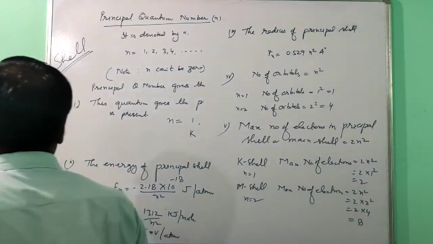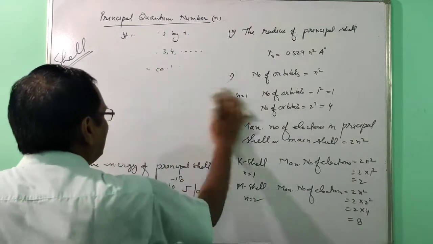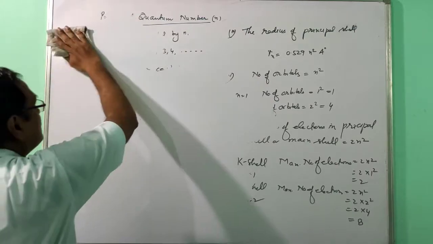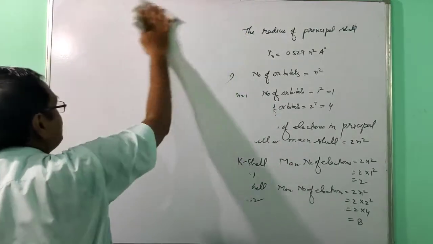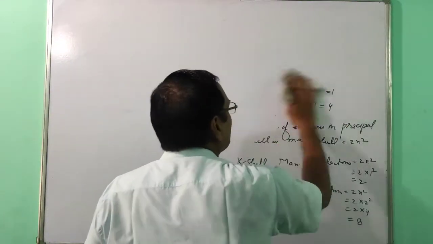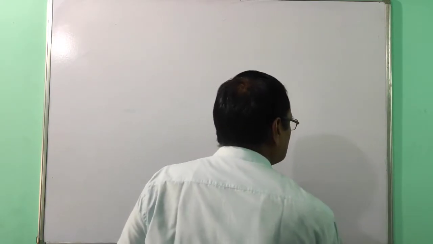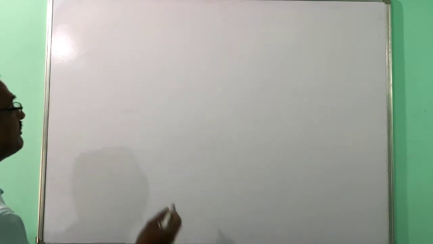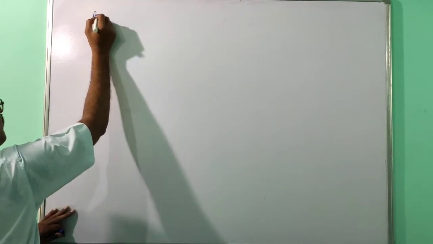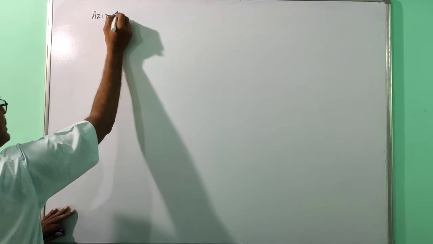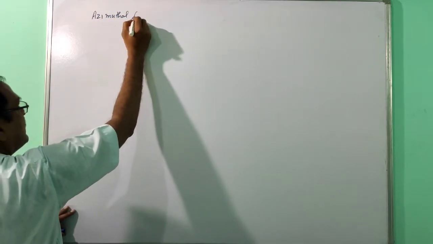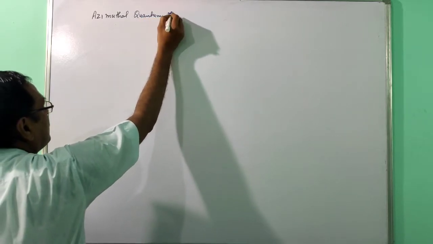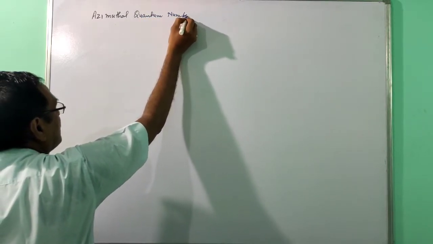Now the second quantum number we are going to take is the azimuthal quantum number.